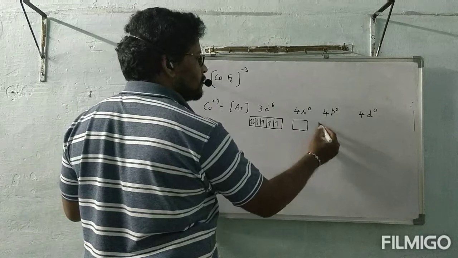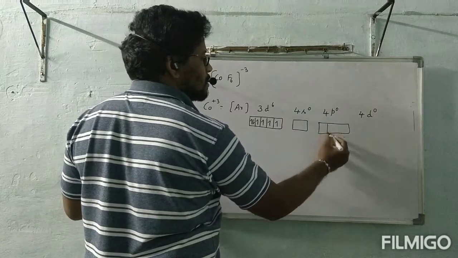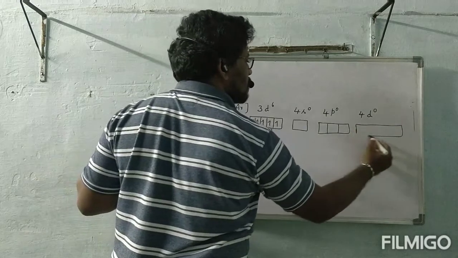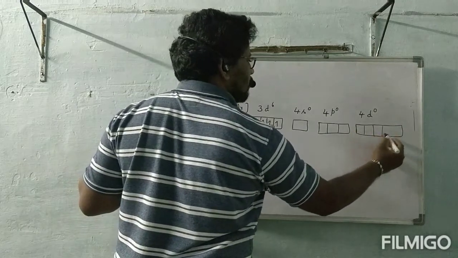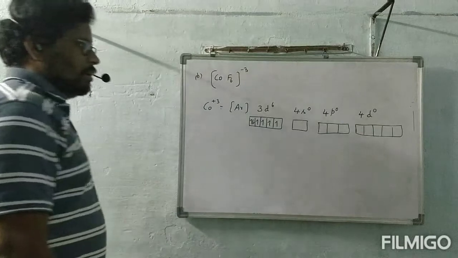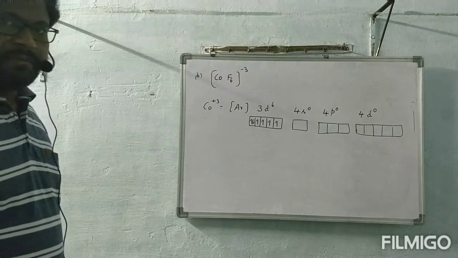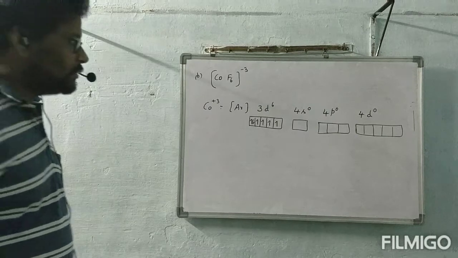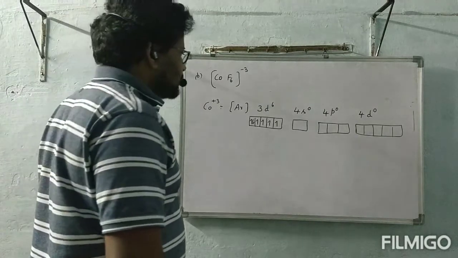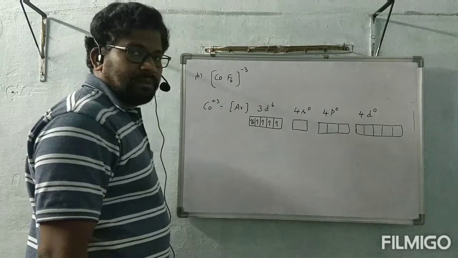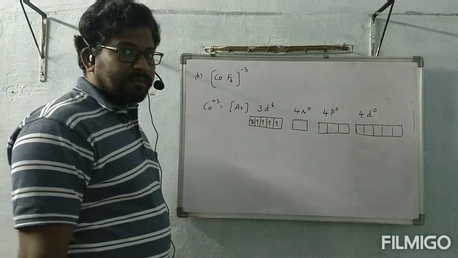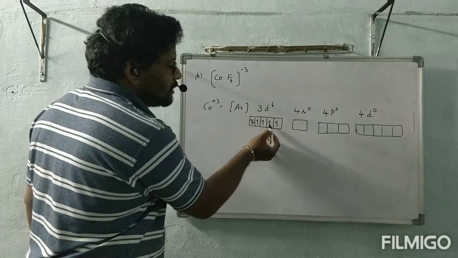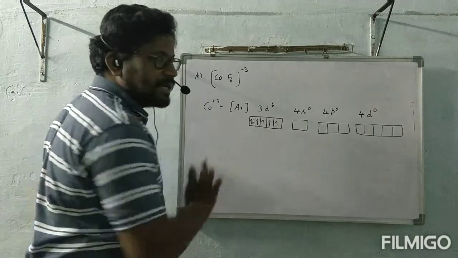Empty orbital. 3 empty orbitals. 5 empty orbitals. Okay, now to explain this one, in the previous example we have seen that this electron is going to be paired with this one, this electron is going to be paired with this one, like this.